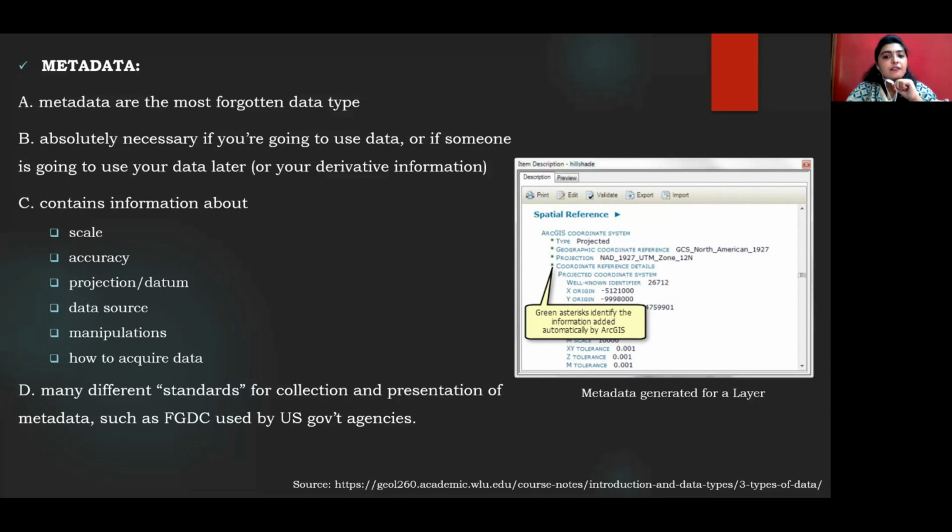Many different standards for the collection and representation of metadata are used, such as the FGDC used by US government agencies. The basic idea of metadata is nothing but giving information about the spatial data that is there on the map. That's it.